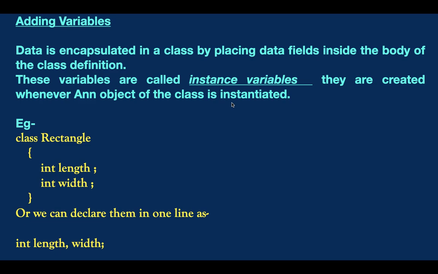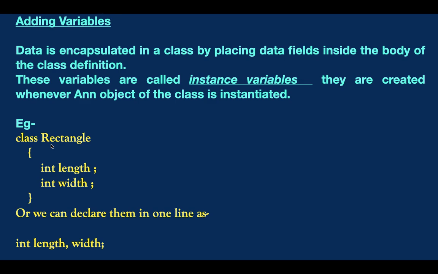As we can see with the help of this example, we have a class called, let's say, Rectangle, and within the body of the class, I have declared two variables with the names length and width of type integer. It can be any other class name, whatever you name it.